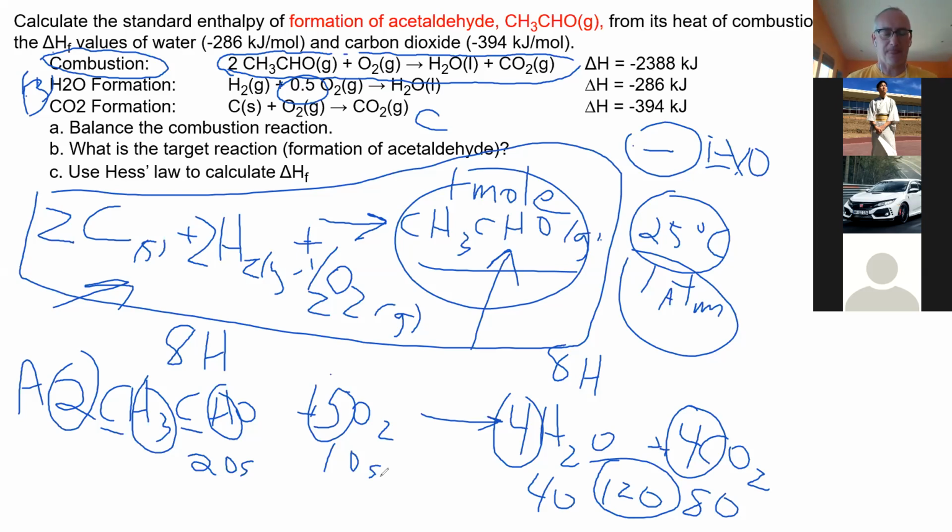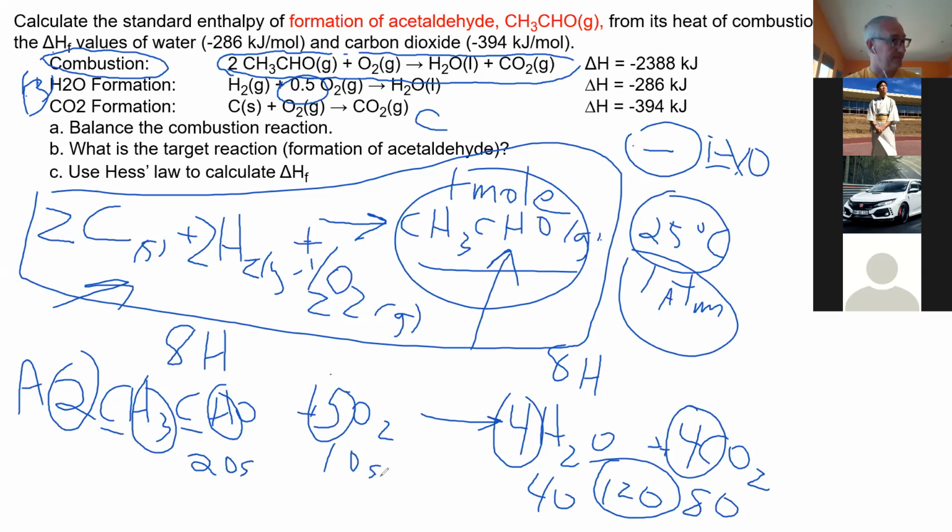So just out of curiosity, on the exam, are we going to be doing a similar problem like this, where we have to use STP to find our target equation?